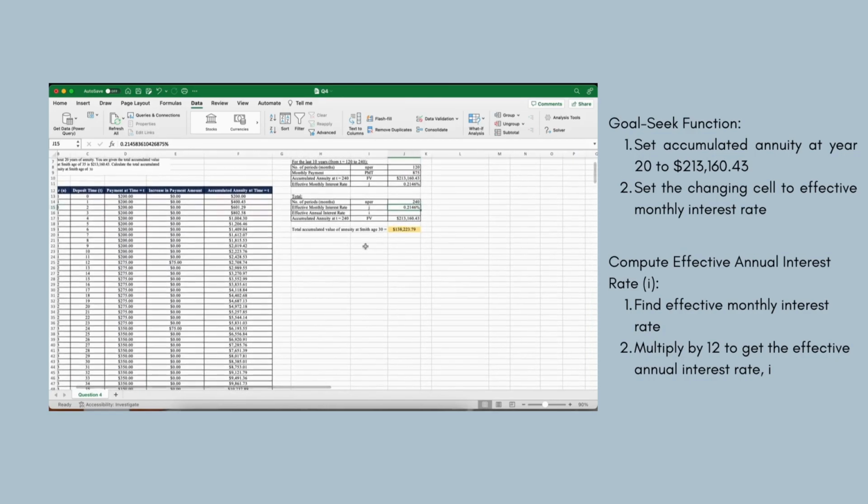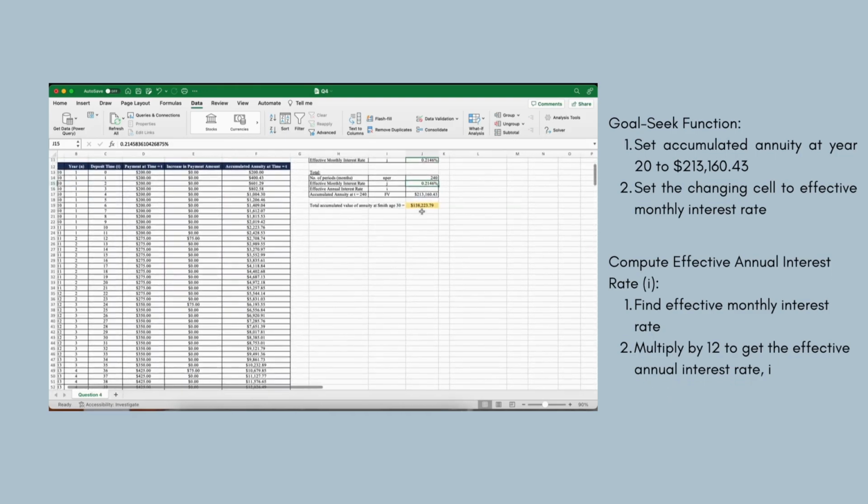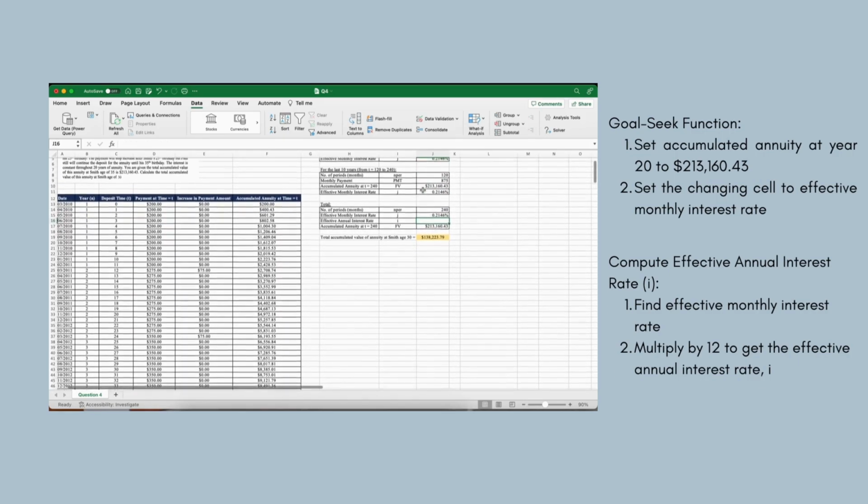And then from there, we've also computed the total accumulated value of the annuity at Smith's age of 30, which is $138,223.79.